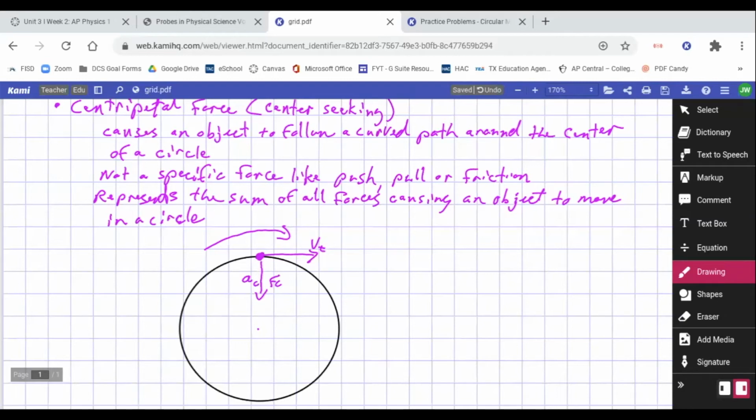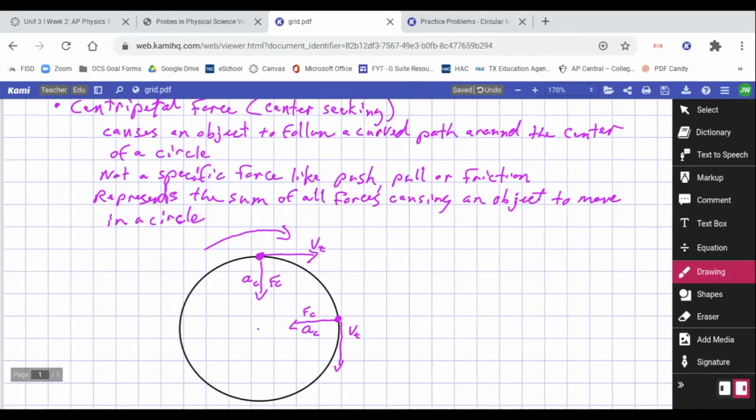Now, since this is clockwise, let's talk about it like the face of a clock. If we went to what would be the 3 o'clock position, our tangential velocity would be down. Our force would be inward. So we have our centripetal force, and our acceleration would also be inward, centripetal acceleration.